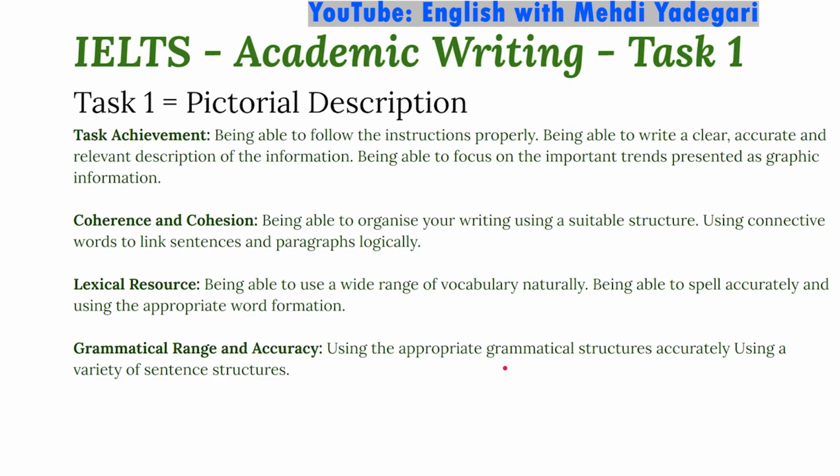So using the appropriate grammatical structures accurately, using a variety of sentence structures. So basically this requires its own long video. We're not going to get into this, so this is the summary. I hope that makes sense, but you don't have to worry too much about it, because we're going to go to how to take care of a task 1 pictorial trend.